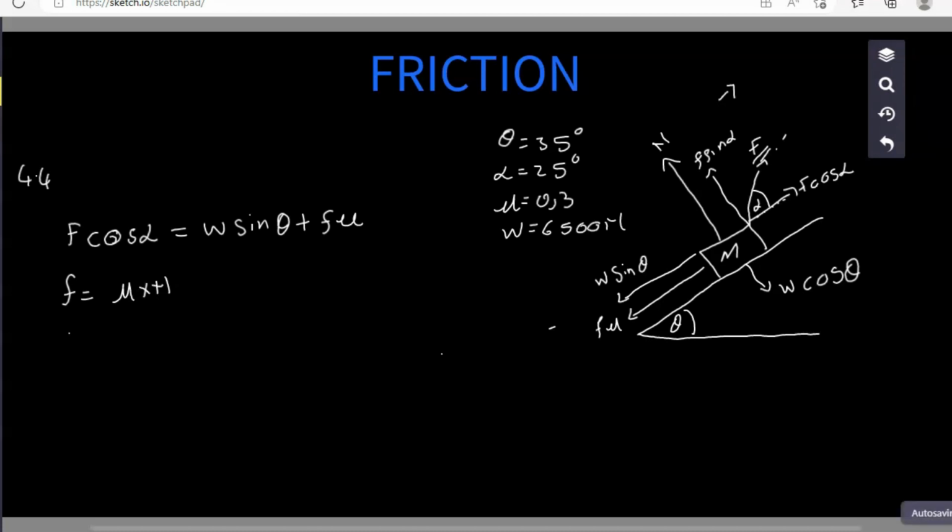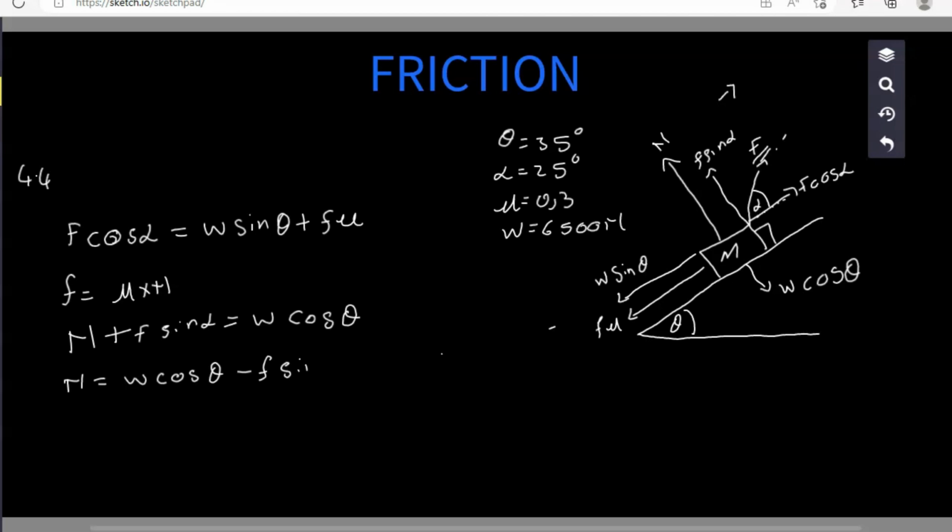We have mu, we do not have the normal reaction, but we can equate the forces that are perpendicular to the plane. The normal reaction is going in the same direction as F sine alpha, and the force going in the opposite direction is W cos theta. We want the normal reaction as the subject of the formula, therefore normal reaction is equal to W cos theta minus F sine alpha.